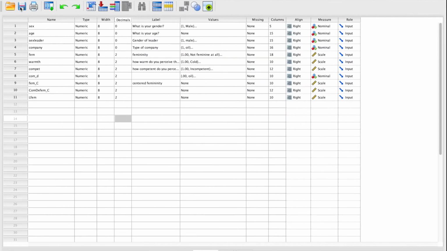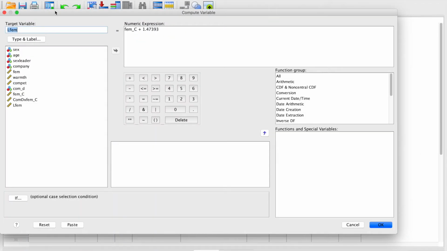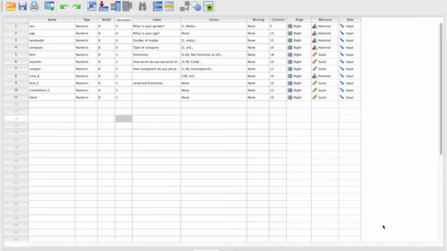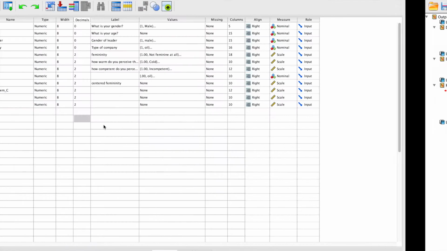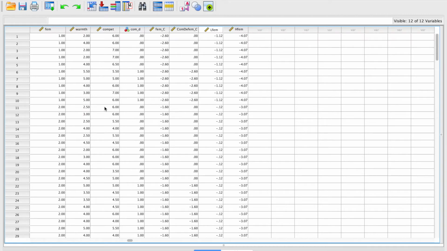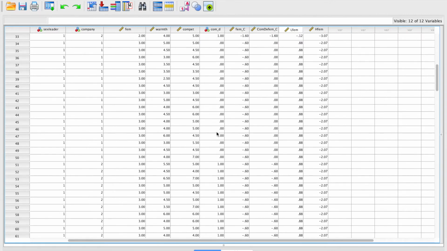Okay, and then we compute high femininity using minus. Okay, now I got it. Okay, cool. And then we have to compute the interaction for it.